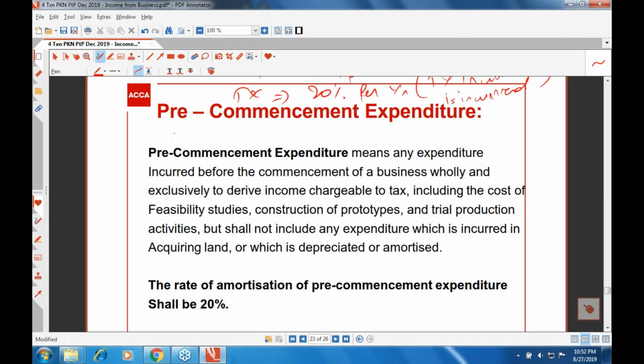When it comes to superannuation, there are various types of schemes. For example, an annuity fund is when you get a constant payment over a certain period of time, that's called annuity. Superannuation is basically when you get a constant payment for a certain period of time, and then at the end of the day you get a certain amount, which is usually a big amount. That is called a superannuation fund.